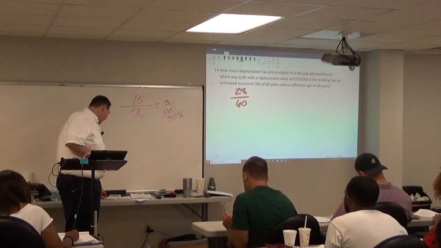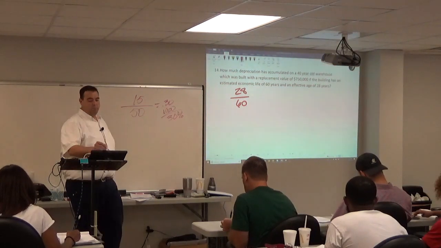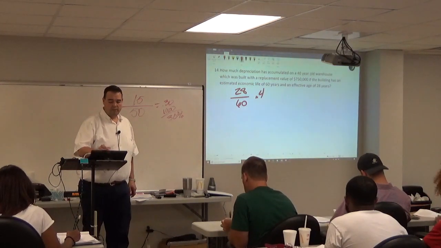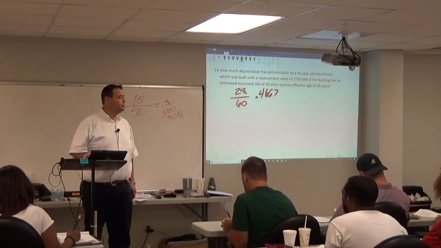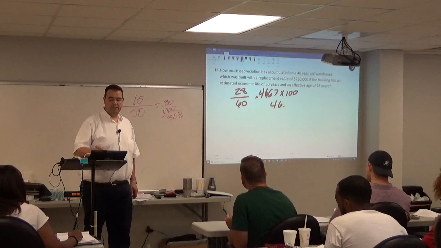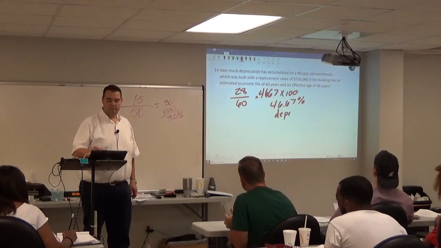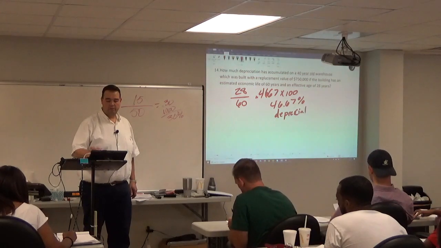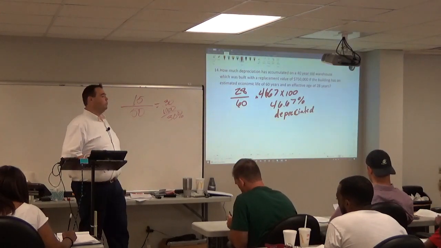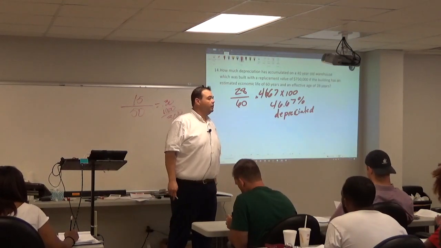And if we punch that into the calculator, 28 divided by 60, we get 0.4667. And that's a rate, so times what? 100. So 46.67% depreciated. Well, from what number? What number depreciated by 46 or 47%?